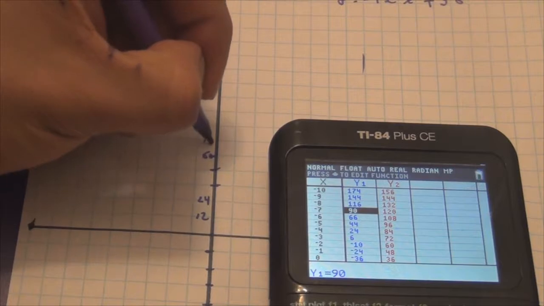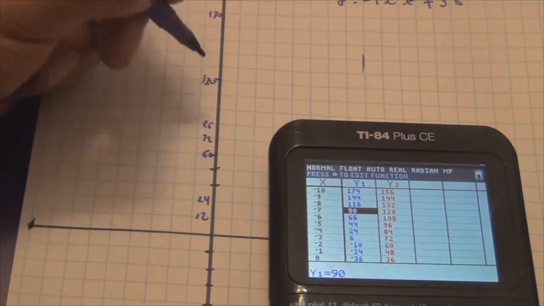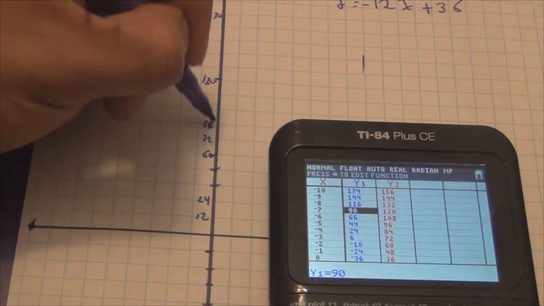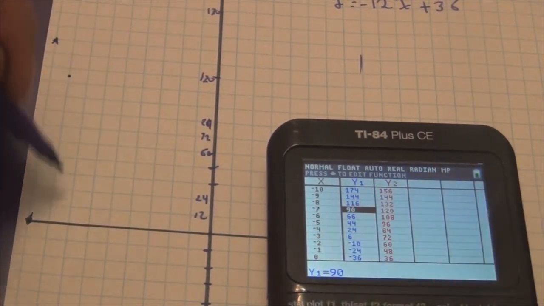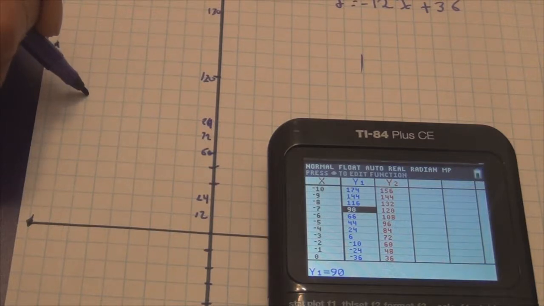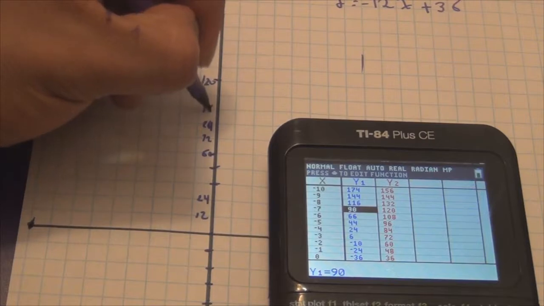So this is 72. 84. Okay. Negative 7 comma 90. 90 should be around here, because this is 96.